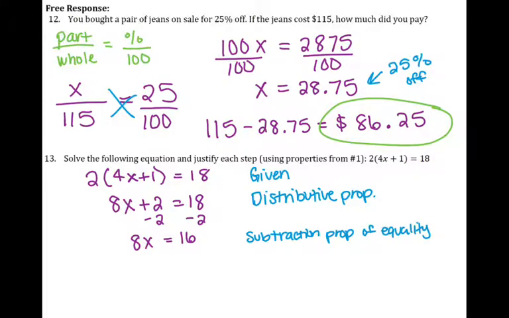And last but not least, to get my x by itself, I can divide both sides by 8, and I get x equals 2. And I am able to do that because of the division property of equality. So you're just listing out the properties that coincide with each one of your steps.